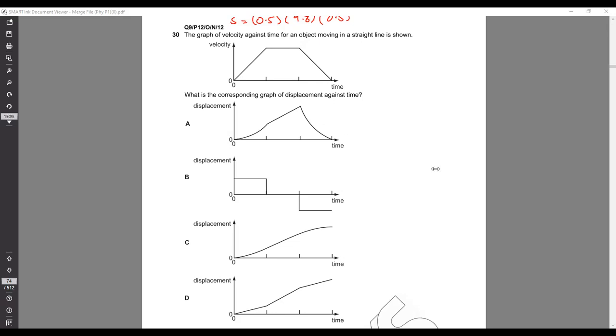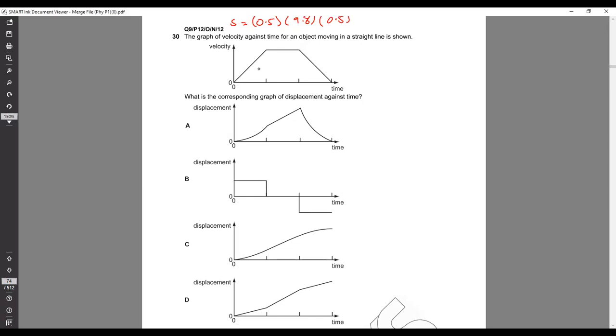No answer yet? It will be much easier if you try to answer this question in a reverse manner. This part, the first part, is an accelerated part. Got it? This is positive acceleration.